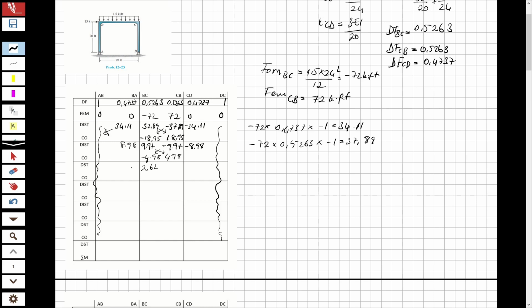This is going to be also 2.36, and this will be minus 2.62. And I'm going to, of course, make the carryover here, 1.31. This is minus 1.31.